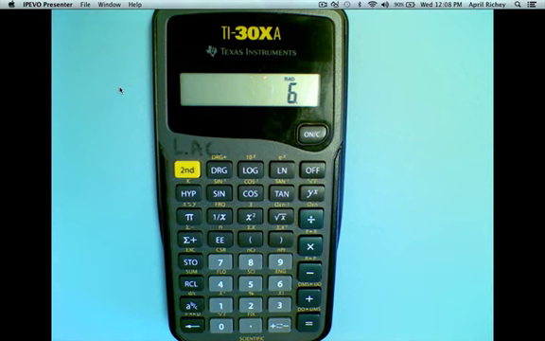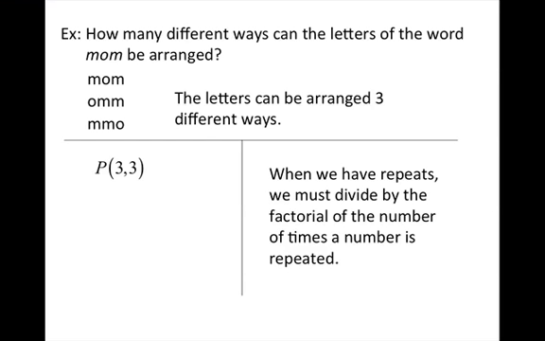The problem is when I work this problem out on paper, I know that switching the M's gives me the same word, so I don't count that as a different possible arrangement. Your calculator doesn't know what the letters were, so it considers each of the M's as different letters. So we have to have a way to work around this.